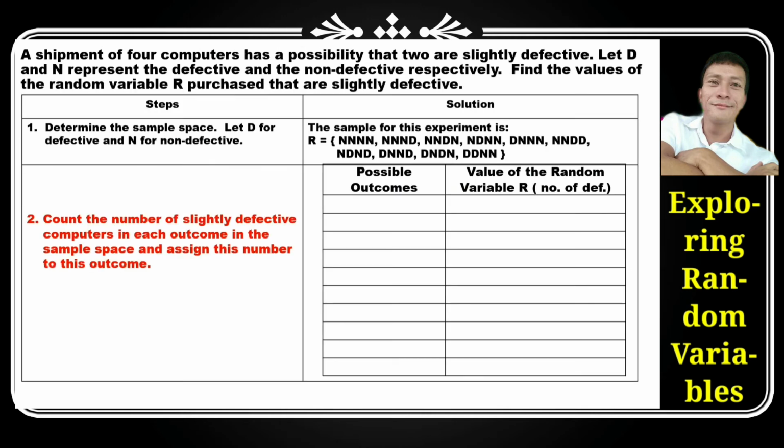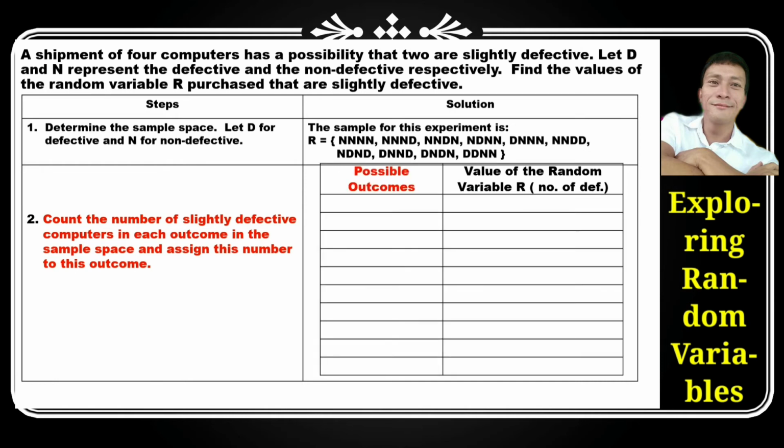Let us count the number of slightly defective computers in each outcome in the sample space and assign the number to this outcome. On the first outcome, we have 0 defective computer. On the second, third, fourth, and fifth outcomes, we have 1 defective computer found on the different orders of the computers.